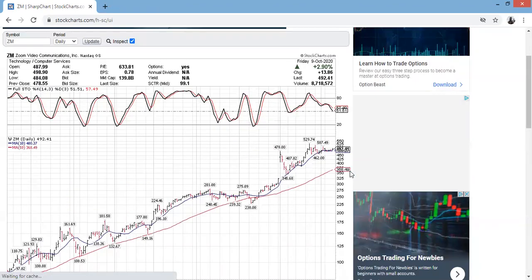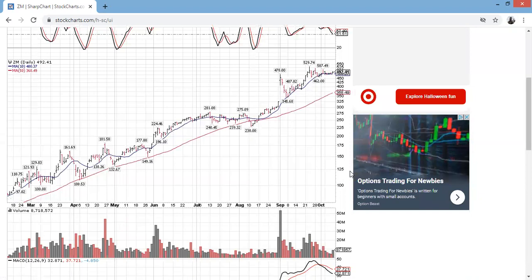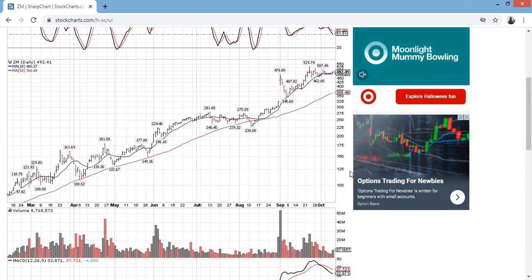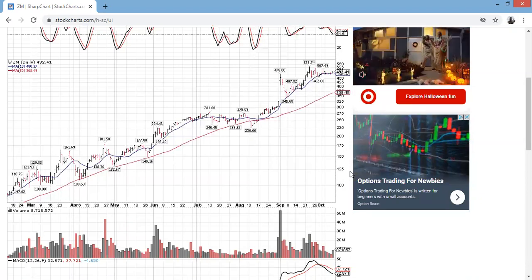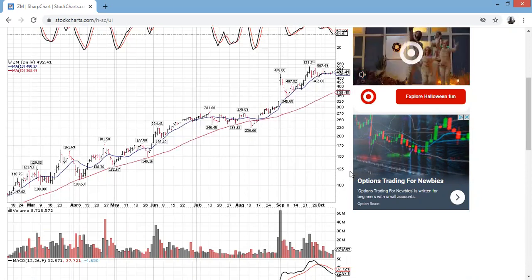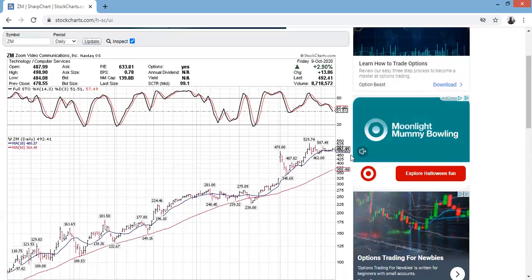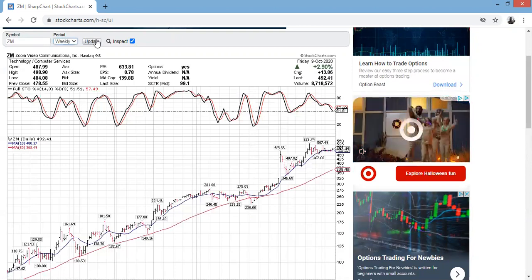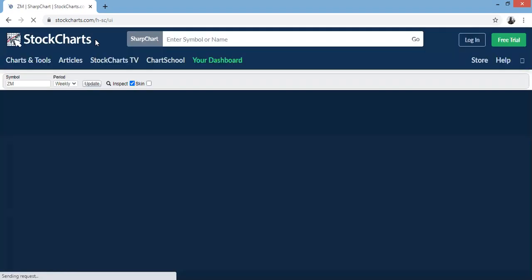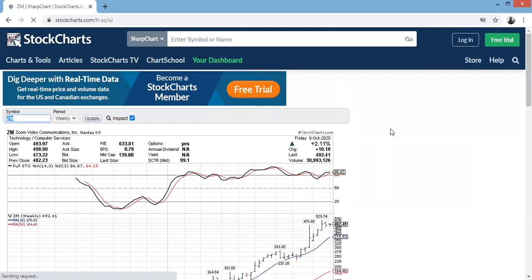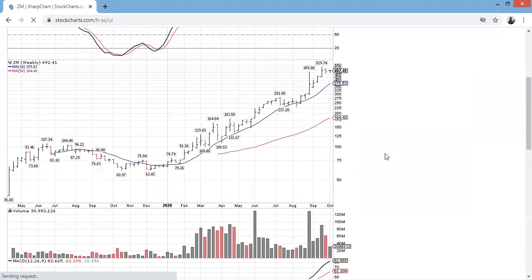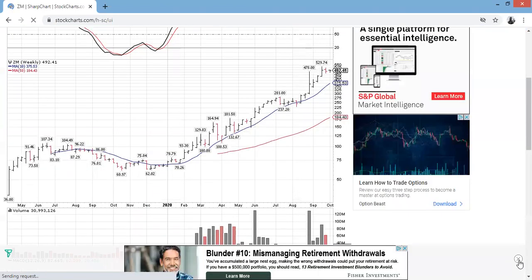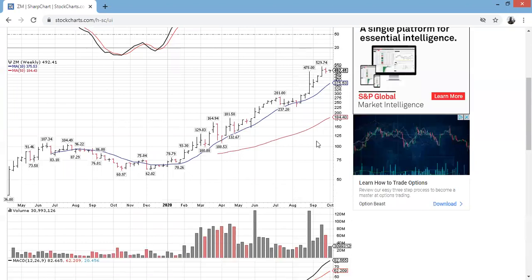Now I use two different time intervals for my stocks when I'm looking at charts. I use a daily chart and I use a weekly chart. The daily chart is mostly just to keep track of the prices day by day.